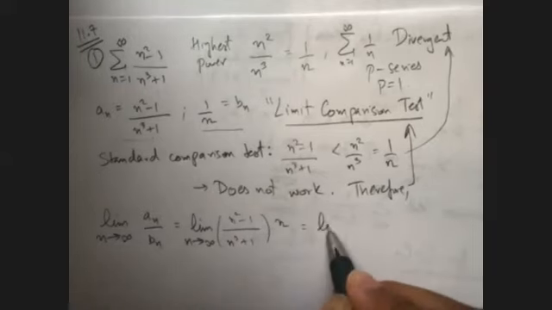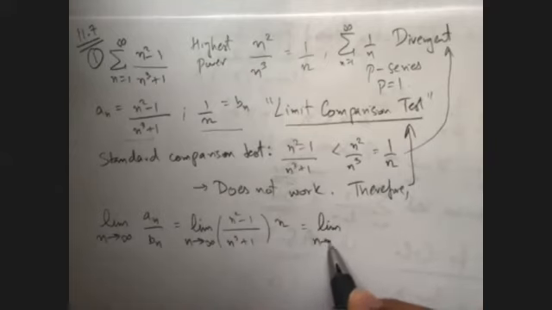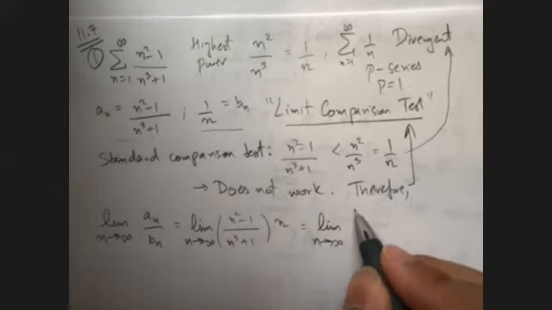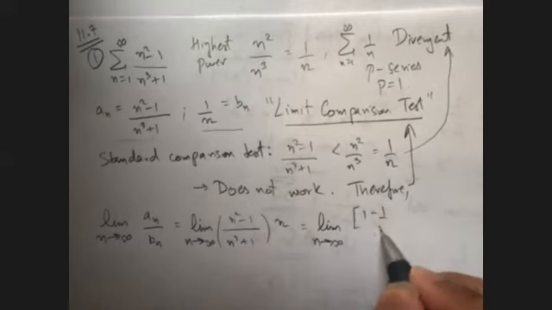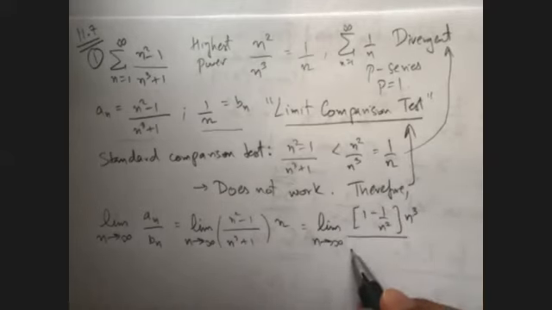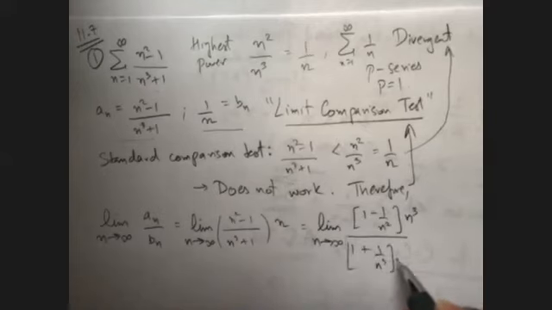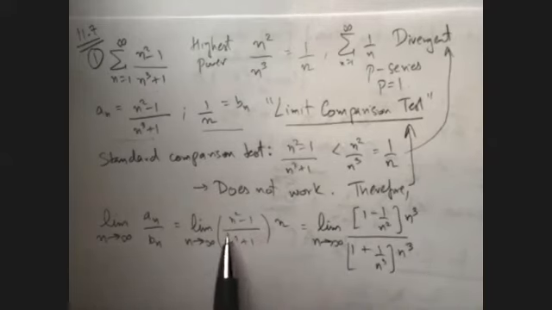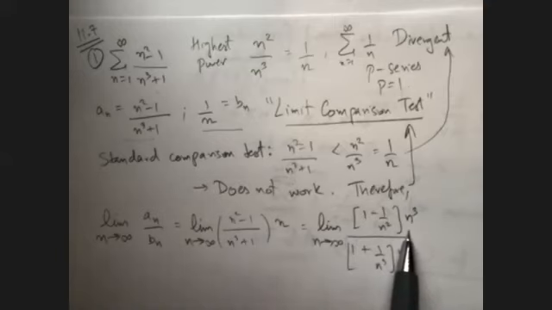So if you factor out an n square, it becomes n cube.